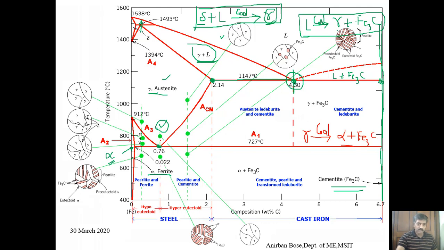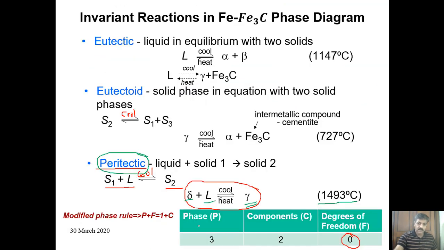At this position this is happening, and what kind of invariant reaction is this? We have seen it earlier. This is the eutectoid reaction. In the eutectoid reaction, austenite upon cooling converts into alpha plus Fe3C. At which temperature is it happening?